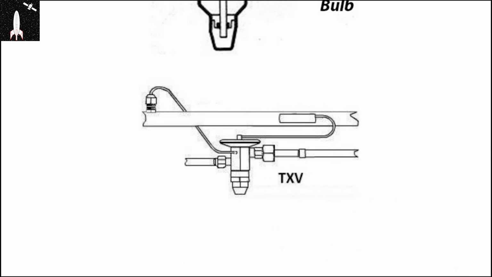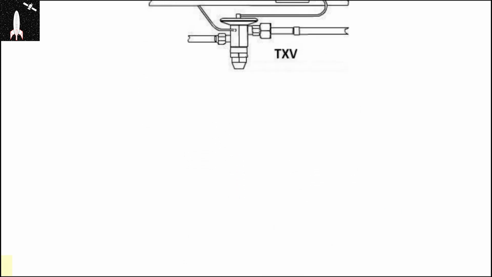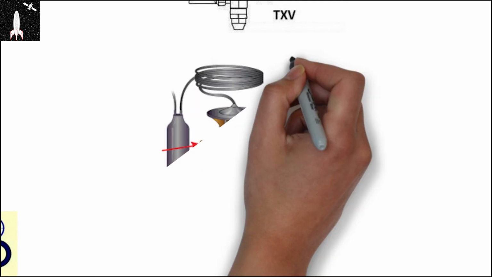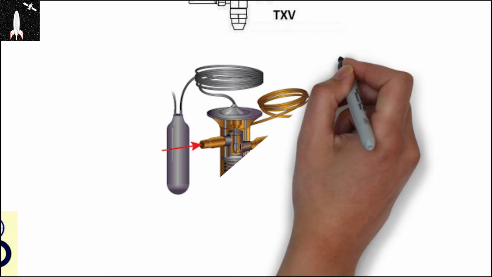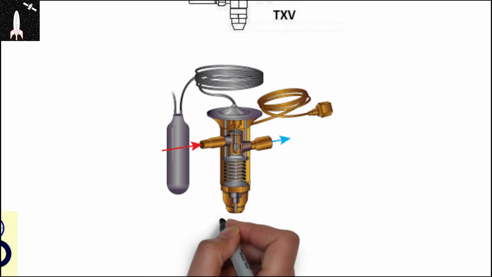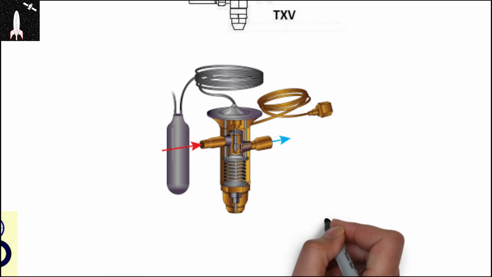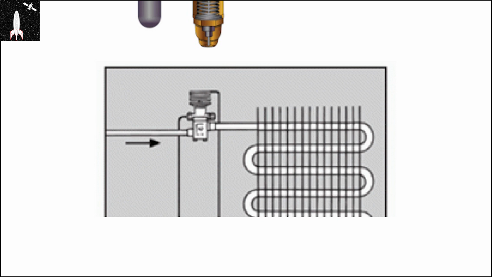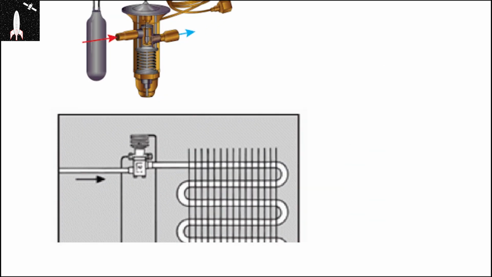If the bulb is hot, the refrigerant inside will be evaporated and the needle moves down. The sudden cooling is obtained by the restriction of the expansion valve. The narrower the restriction, the cooler the outlet refrigerant will be. TXV helps to maintain the vapor at the compressor and avoid damage. However, TXV does not control the temperature, it only takes care that the compressor receives only the vapor state.